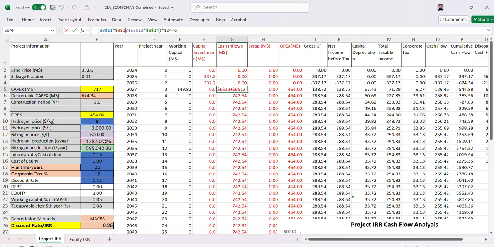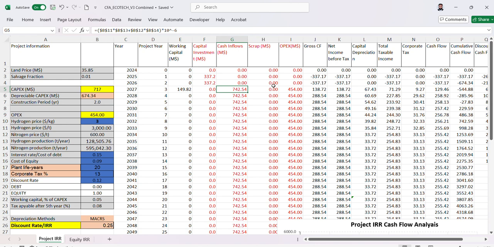B13 is our hydrogen production per year, and B11 is our hydrogen price per ton. This one is the revenue generated from the nitrogen, and this is from the hydrogen. If you sum them up, you get the total cash flow, and 10 to the power minus 4 is to convert it into million. So this is the cash flow throughout the years. We assume the production rate is constant throughout the plant life.